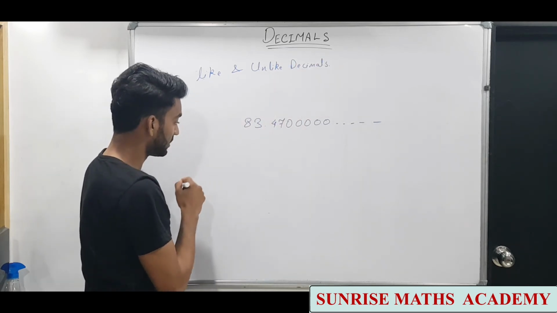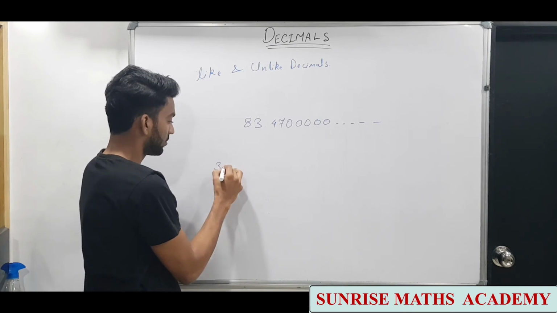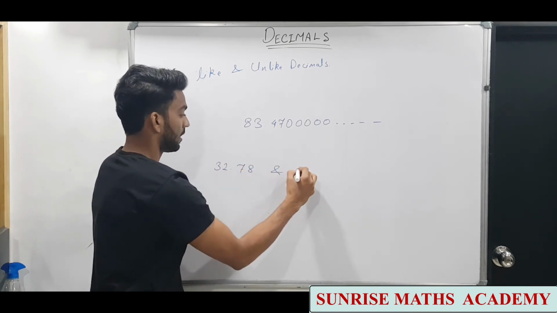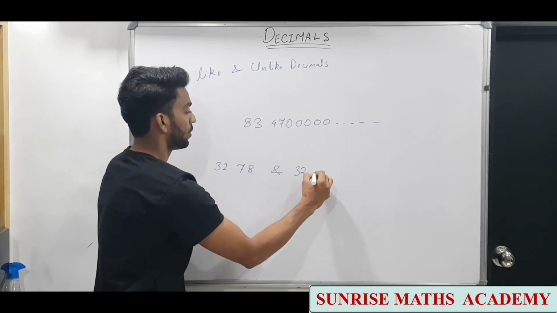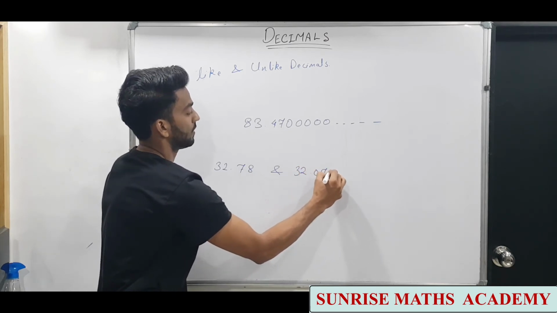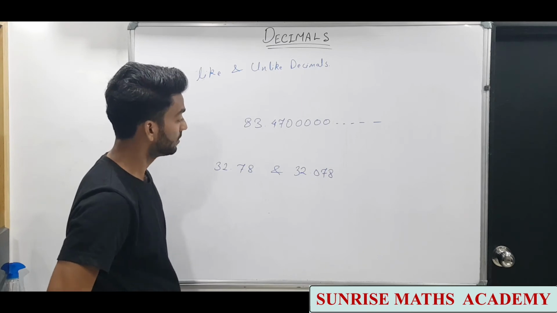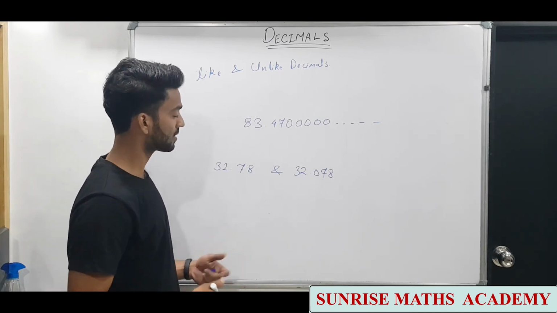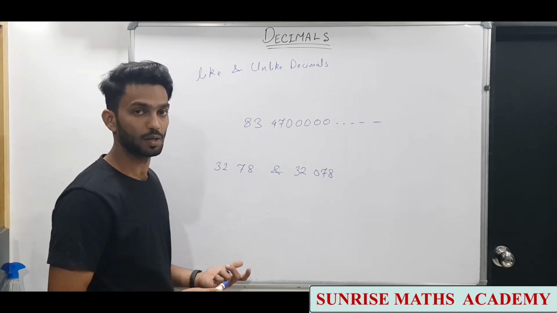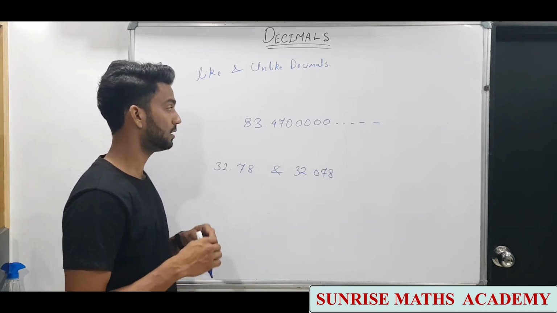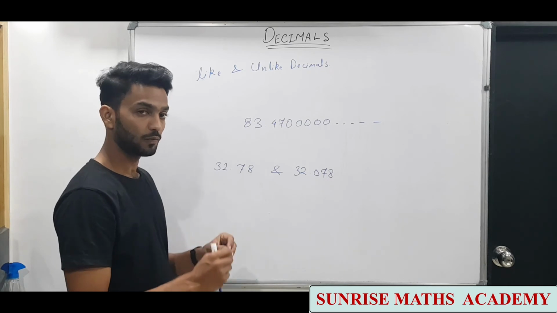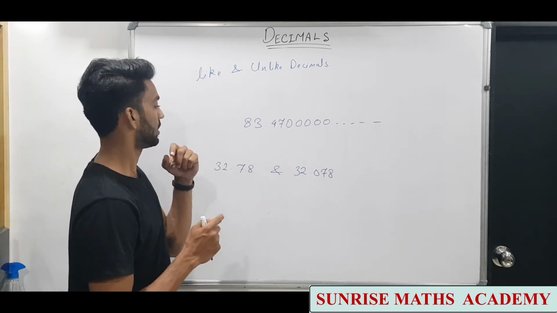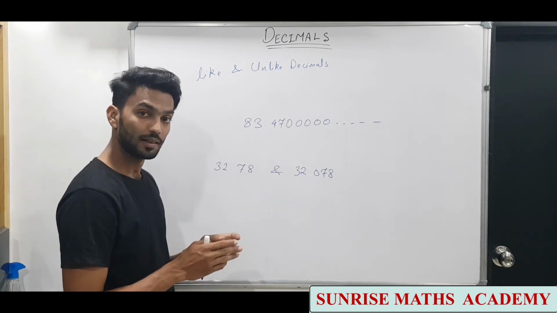So if you have a decimal number 32.78 and 32.078, and we have to compare them, or there are decimals like this and we have to add them or subtract them, the best way, or the required way, is that we make these decimals like decimals. Now these decimals are unlike decimals.